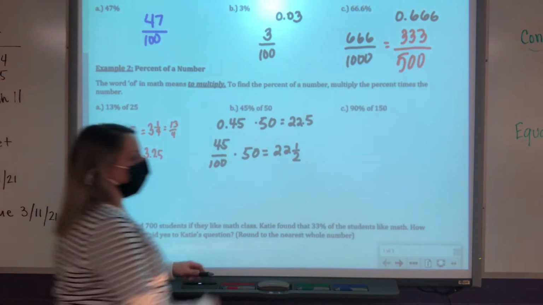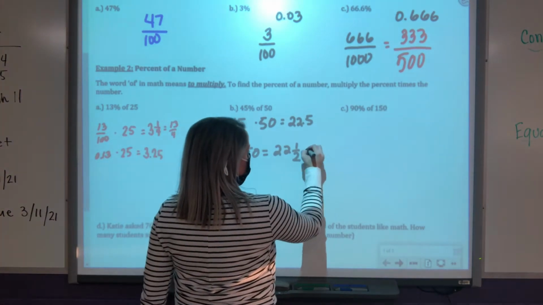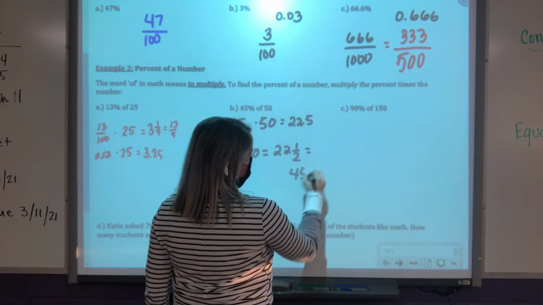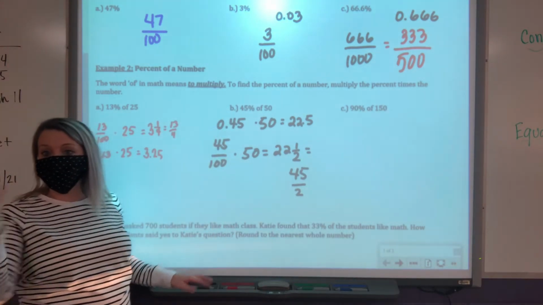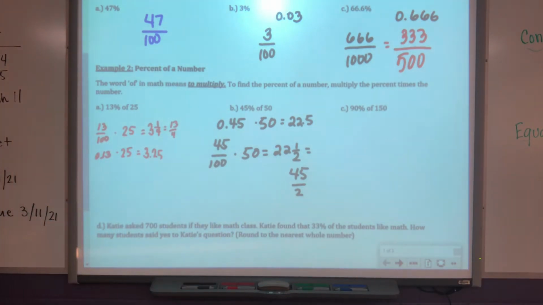Also down here, if you got 45 over 2, that's acceptable as well, because in Desmos you do improper fractions instead of mixed numbers, so that would be okay. Do you want to do letter C, or do we feel comfortable? Thumbs up, thumbs down, middle.